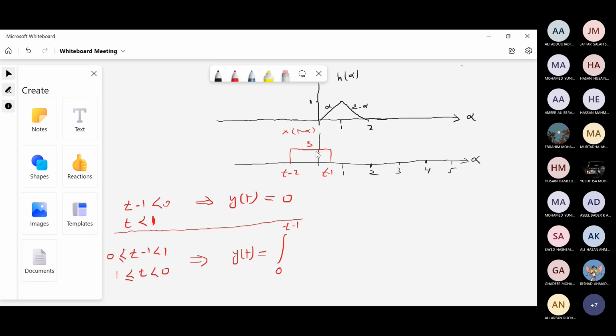Okay, what is the value of x? It is 3. What is the function of h? It is alpha, so 3 alpha d alpha. Now it is just integration, so it is 3 alpha squared divided by 2 between 0 and t minus 1. So it is equal to 3 over 2 times t minus 1 all squared, minus 0, which becomes 0.